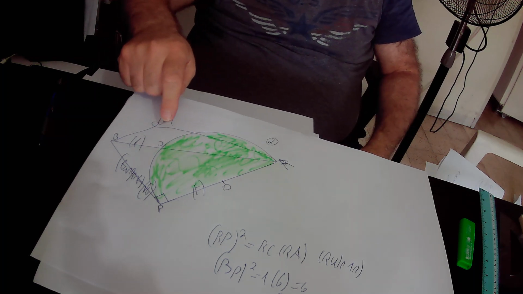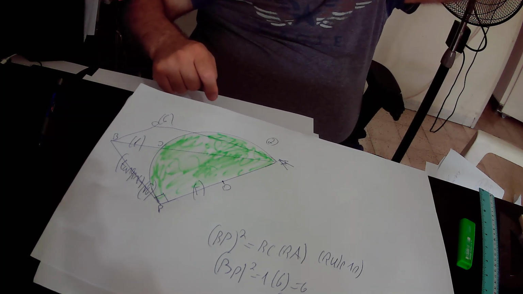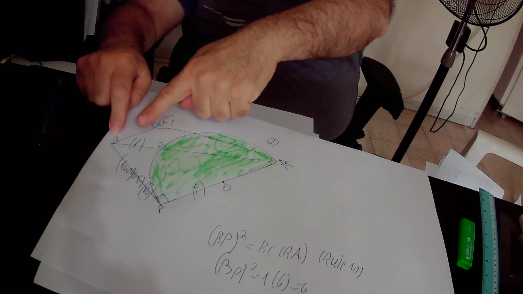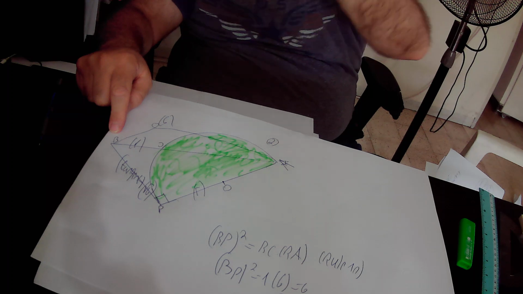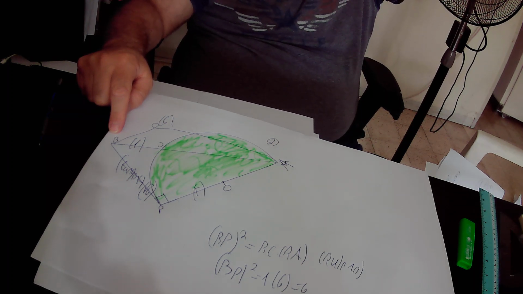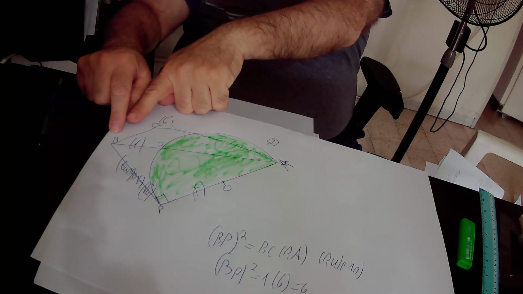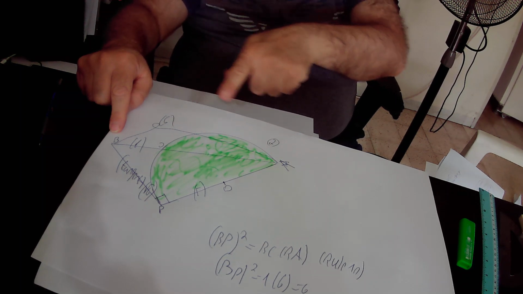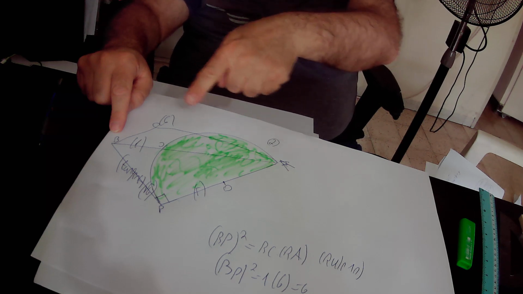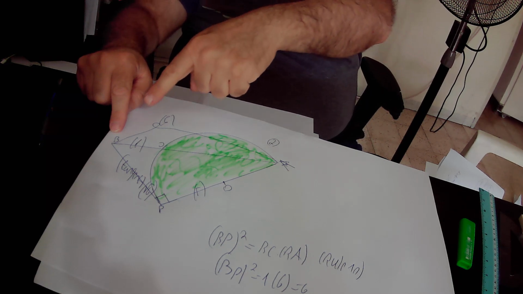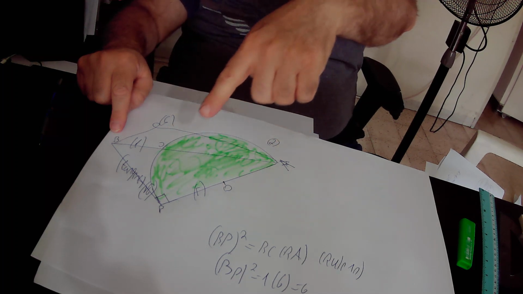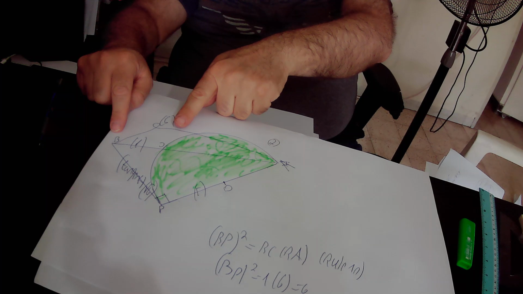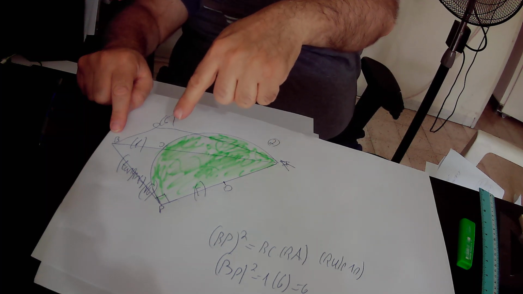So from the common external point B, we have tangent BP to this green semicircle at point P. In addition, from the same common external point B, we have this straight line that cuts this green semicircle at 2 points, C and A. In this way, we created chord CA.